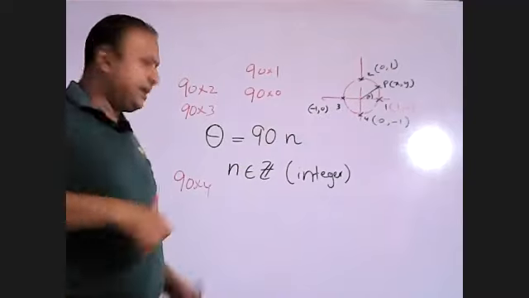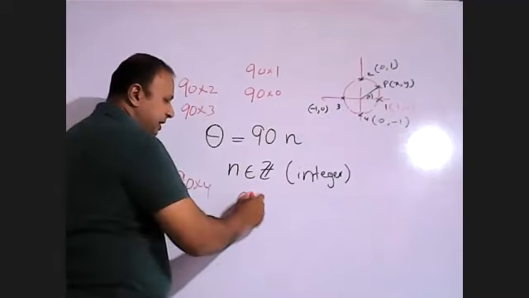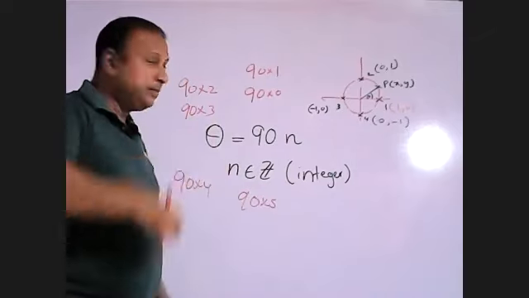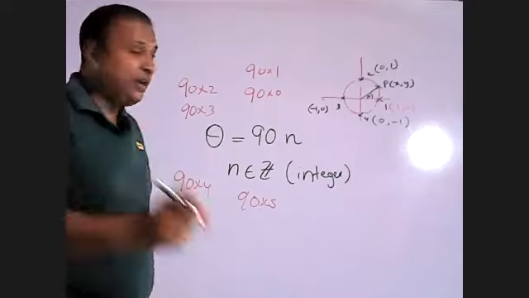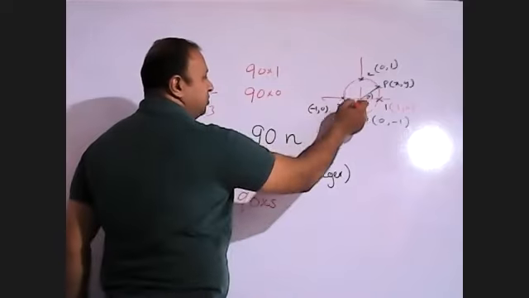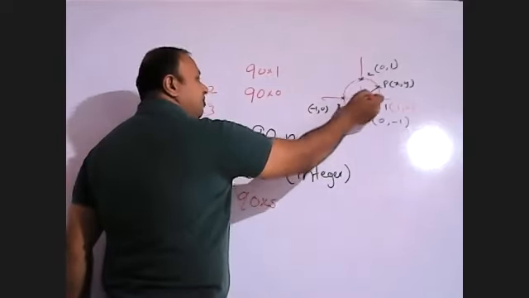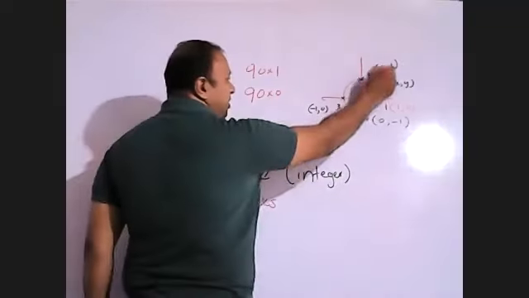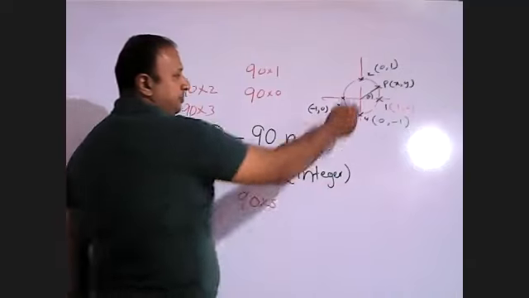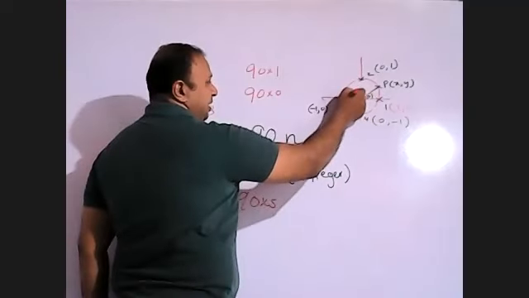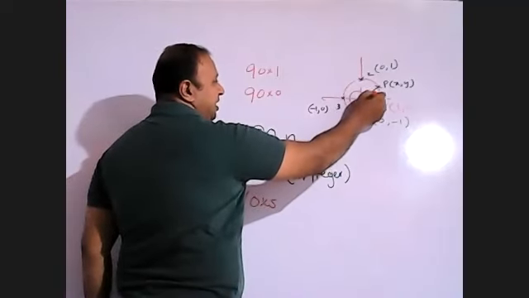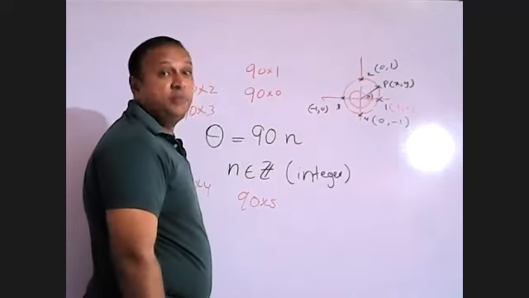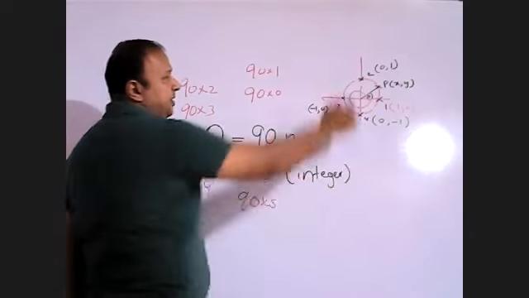Again, if I multiply 90 by 5, that means there are 5 90s: 1, 2, 3, 4, and again another 90. Therefore, it is related to point 2. Up to 360, and then you add another 90, it becomes 450.